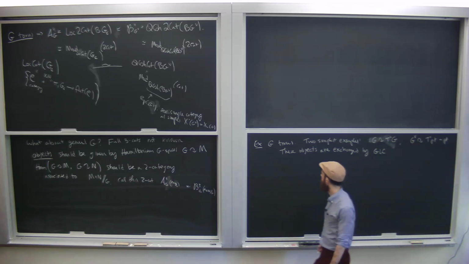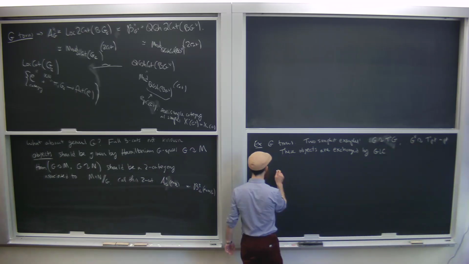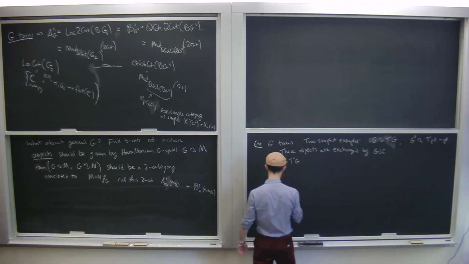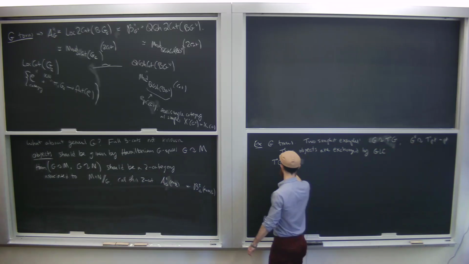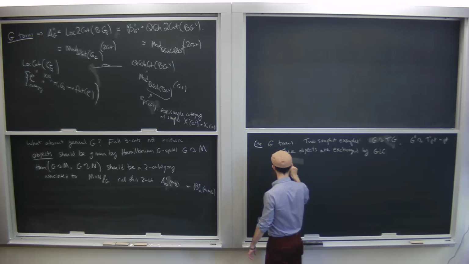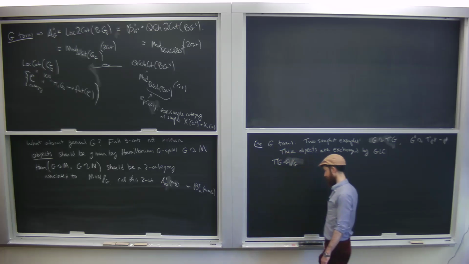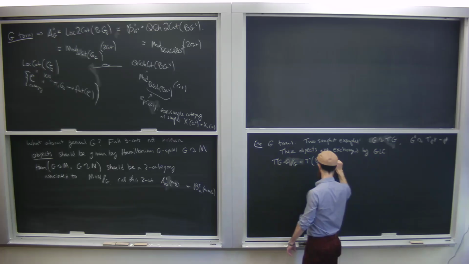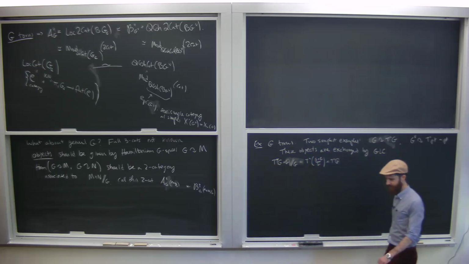So let's see what the HOMs between these things should be. If I take T star G and T star G, that's the same thing as T star of G times G. And then if I take a Hamiltonian reduction by the diagonal G action, that's the same thing as T star of G times G mod G, which is just another copy of T star G ultimately.